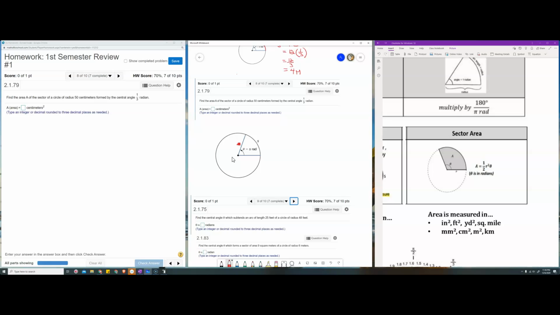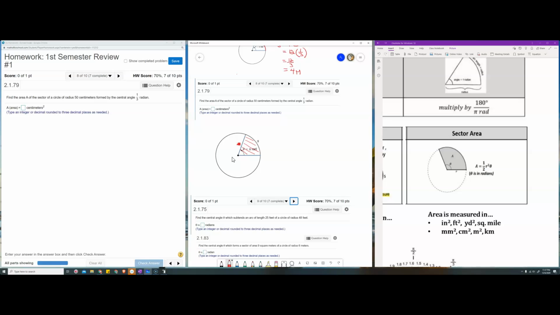Alright, in this case it's asking us to find area, so we're going to use our sector area formula. This is now asking about how much surface that sector is covering. So that sector is like the shape of a piece of pie.